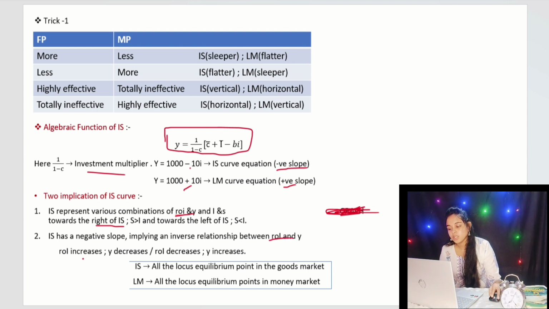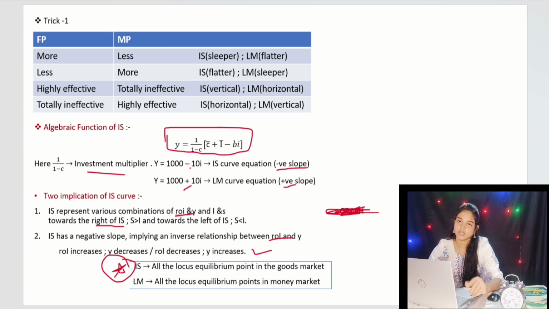If the rate of interest increases, the income decreases, and if the rate of interest decreases, the income increases. You can also say that IS is the locus of all equilibrium points in the goods market, and LM is the locus of all equilibrium points of the money market.